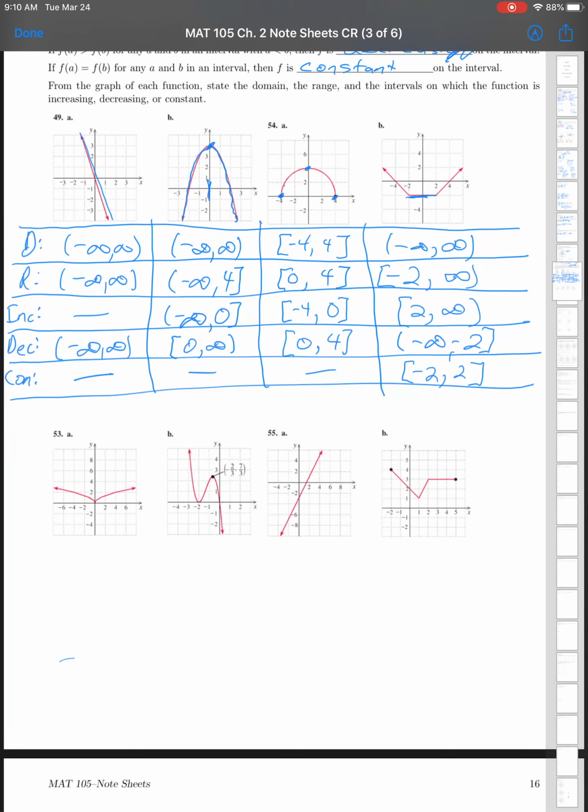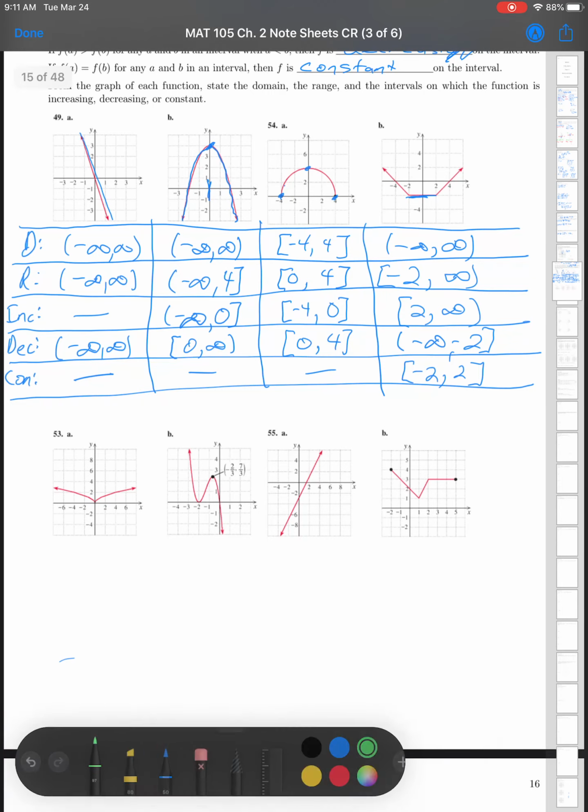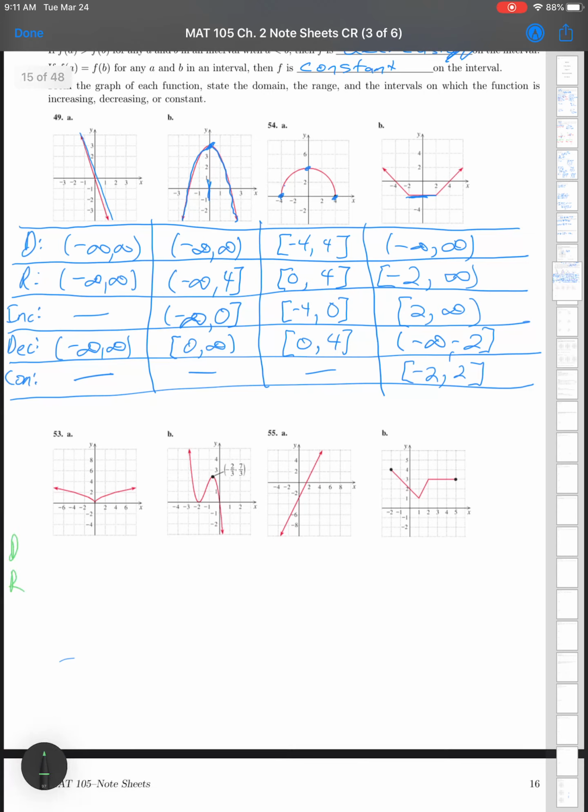Okay, so now that you all have had a chance to try that problem, let's go through the answers for these here at the bottom. Once again, we can do the same thing we just did. We can make ourselves a little chart.